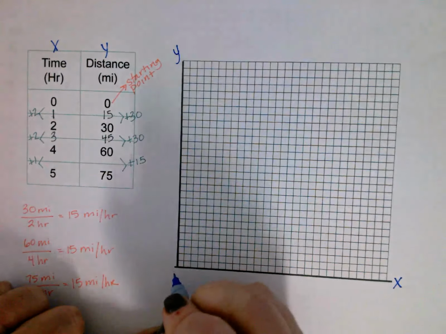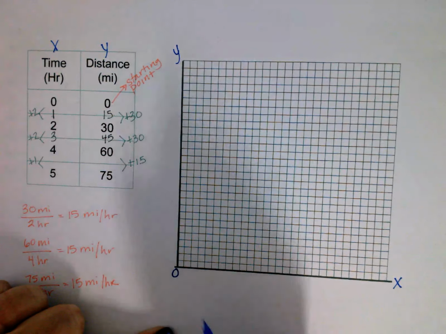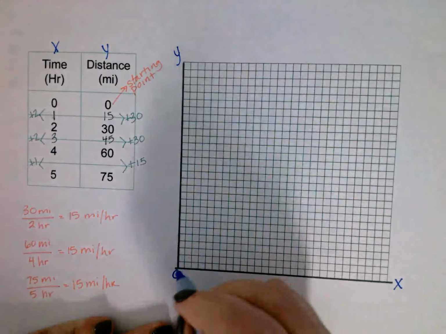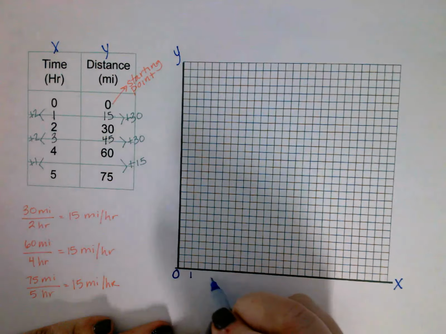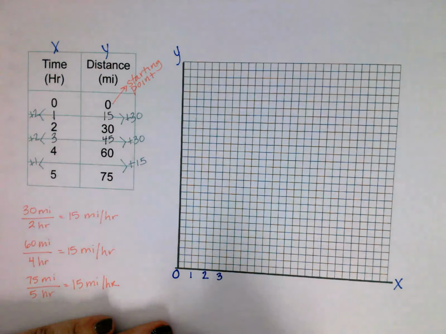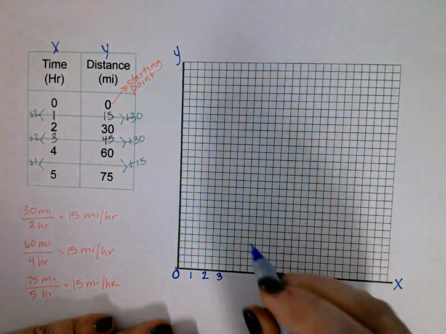We are going to start at the corner at 0. We are going to be very careful and skip count to 1. 1, 2, 3. I'm going to stop talking so I do not goof. But you're going to do 0, skip a line, 1, skip a line, 2, skip a line, 3, continue to 10.